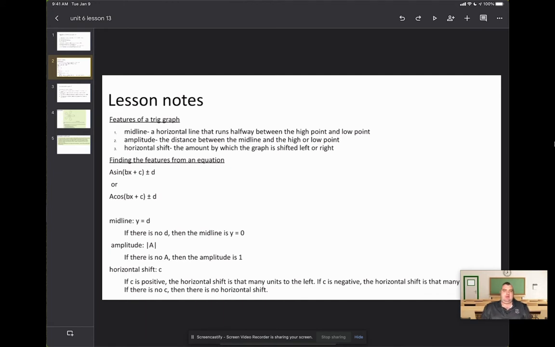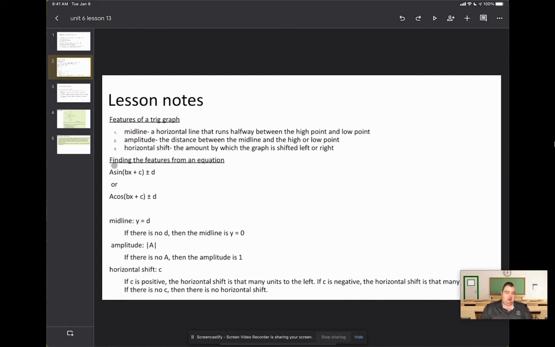And then the sine graph starts at 0, goes up to 1, down to -1, and back up to 0. If that's shifted at all left or right, then we have a horizontal shift.